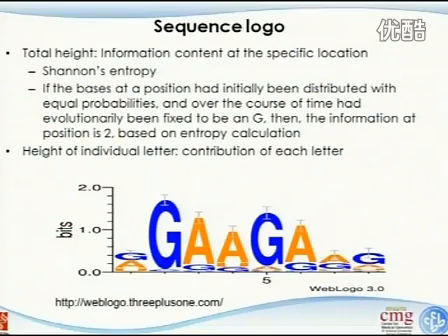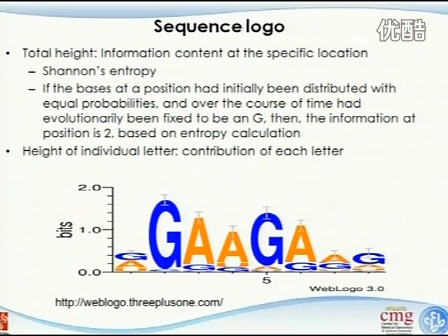To interpret this logo, there are two factors I want you to consider. The first one is the total height at each location. The total height represents the information content at a specific location. It means that for this binding site, this particular position is very, very important.